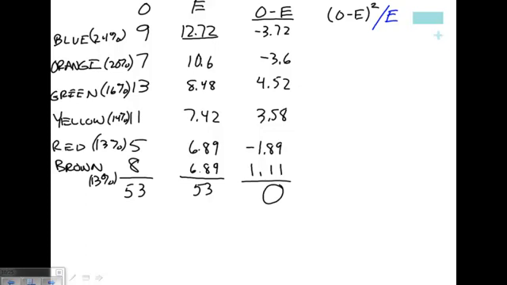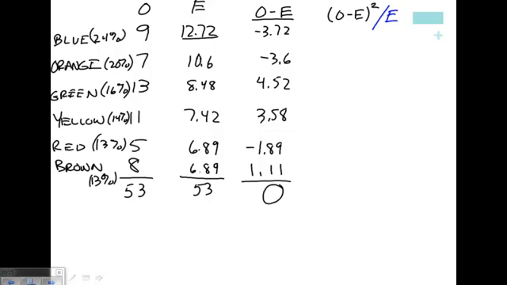Nicole's missing 5 people would create a really big value in that column. Paul's 5 missing people would create a very small number. So now we're going to take the number in O minus E, square it, and then divide it by expected.